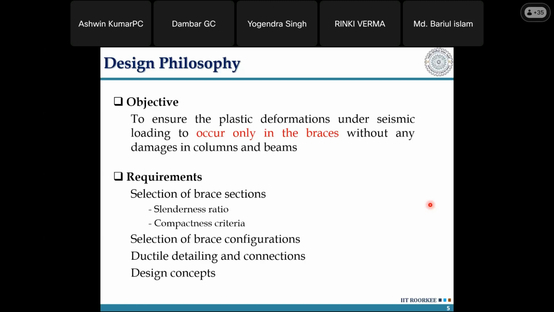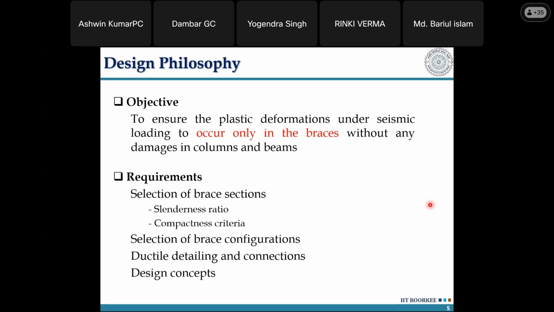Then selection of brace cross-section configuration is another thing. There is a limit on the type of brace configuration that has to be selected: for special concentrically braced frame, certain configurations can only be used, whereas in ordinary concentrically braced frame or in a low seismic region, additional configurations can also be used.